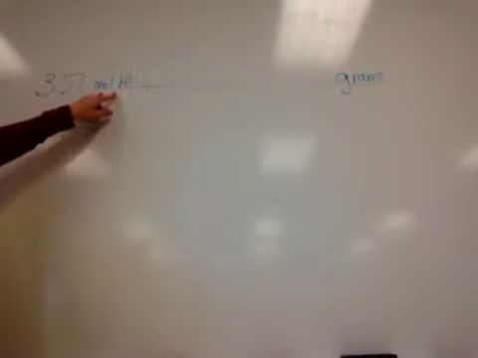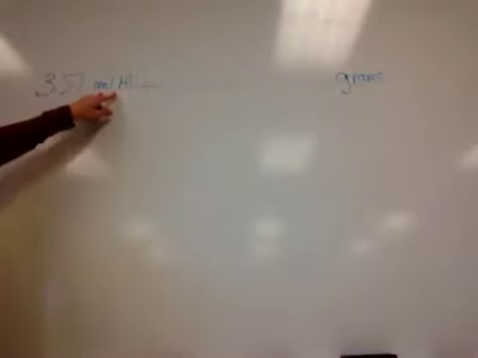I'm going to round that to a 4. So 96.4 grams of aluminum. So look at my significant digits. Grams is what it's labeled. That's what I was looking for. There's 96.4 grams of aluminum in 3.57 moles of aluminum.